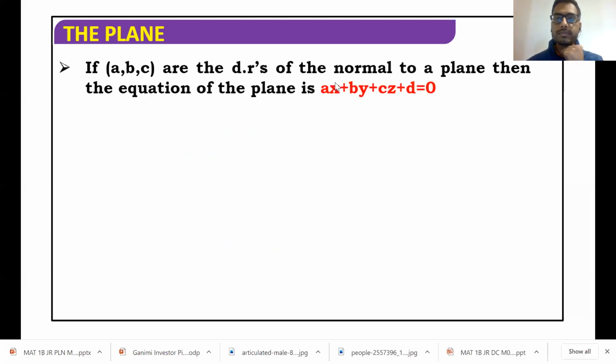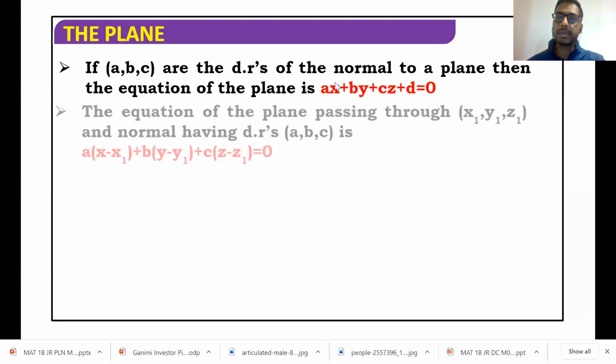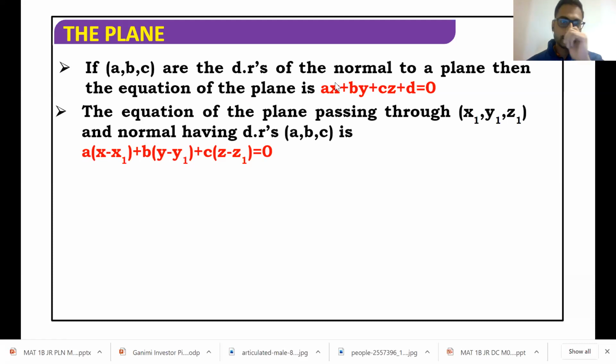Next formula. If a, b, c are the direction ratios, then the equation of a plane can also be written in this format. And if it is given that the direction ratios are a, b, c and the plane is passing through a particular point x1, y1, z1, then we can write the equation of the plane using this: a(x minus x1) plus b(y minus y1) plus c(z minus z1) is equal to 0.